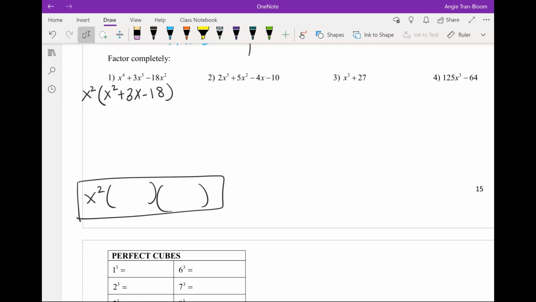Nathaniel, when you're ready, can you give me the final answer to number 1? x squared times what? 27.